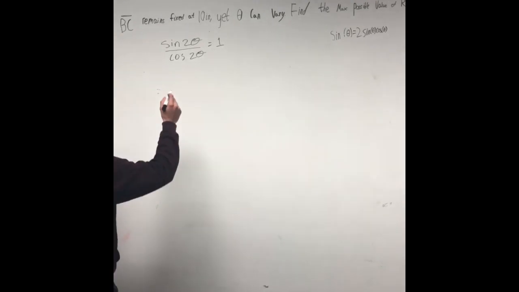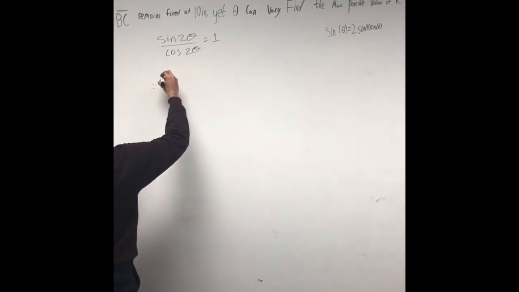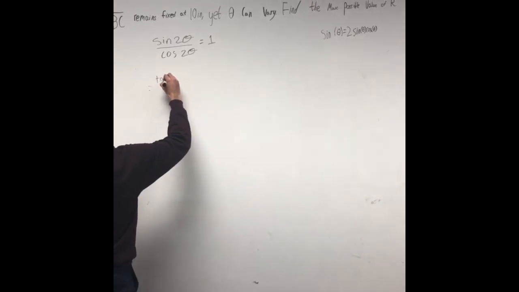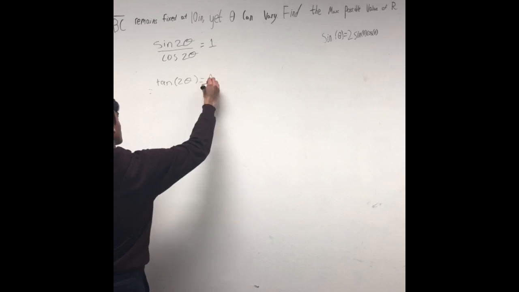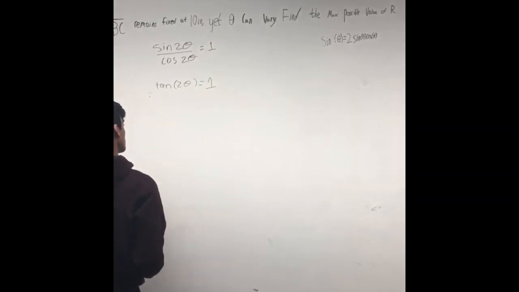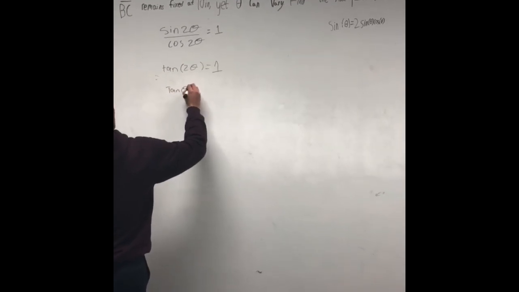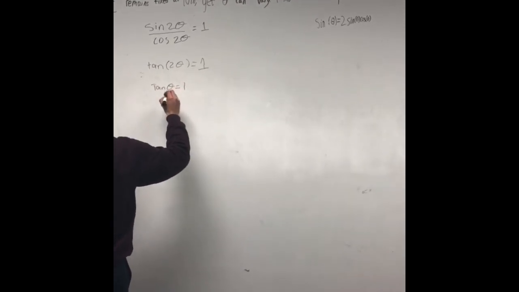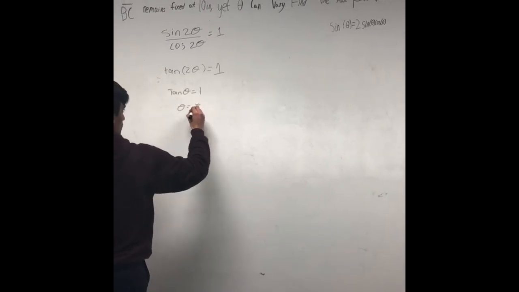Okay, so now that we have this equation right here, we know that sine over cosine equals tangent, so we just change this to tangent 2 theta equals 1. So we know from trig identities that if we just had tangent of theta equals 1 and solve for theta, we already know from the unit circle that theta equals pi over 4.